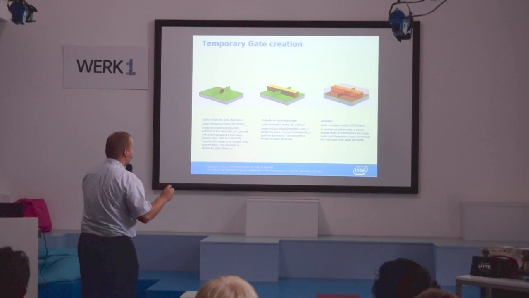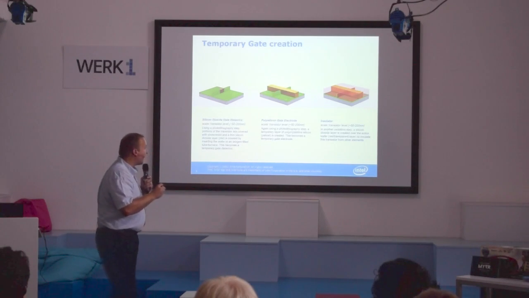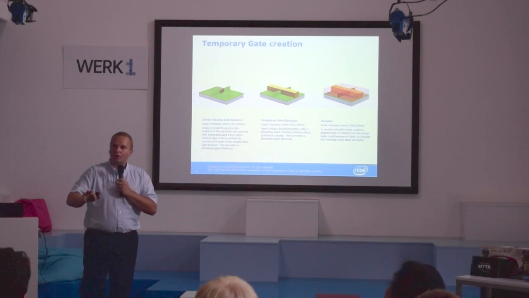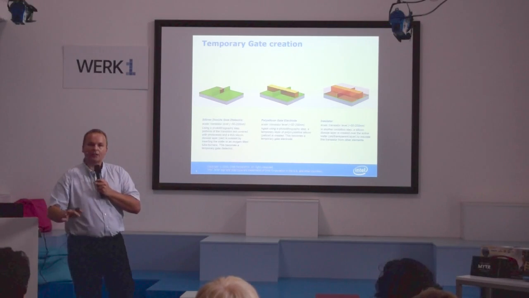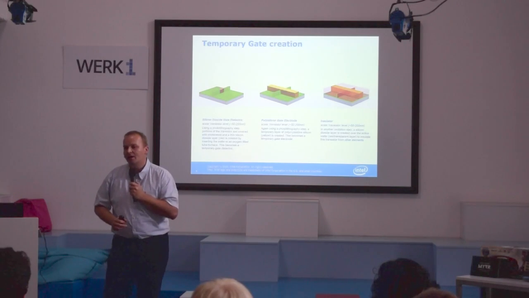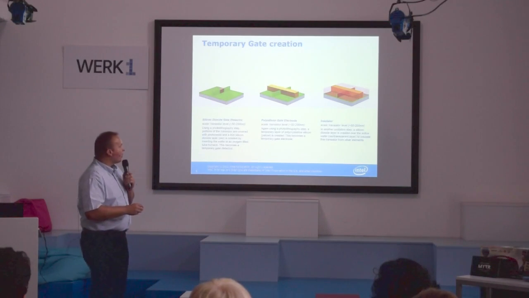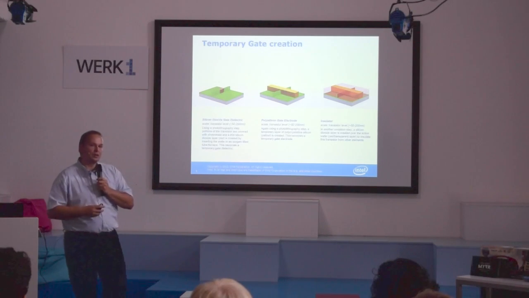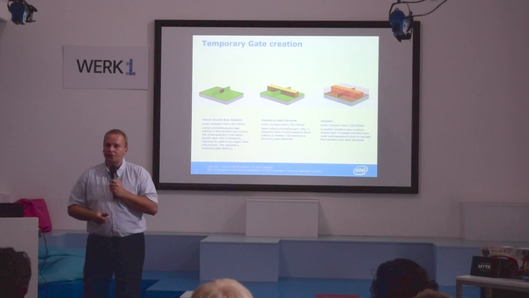We do have polysilicon gate electrode applied to that one, and then there's an insulator on top of it. I won't go into all of those details. If you want to, we can discuss this later on in the networking part of this evening. But just so you know, there's hundreds of steps that need to be taken in order to get to the transistor level.